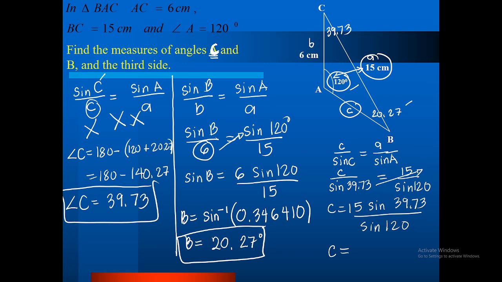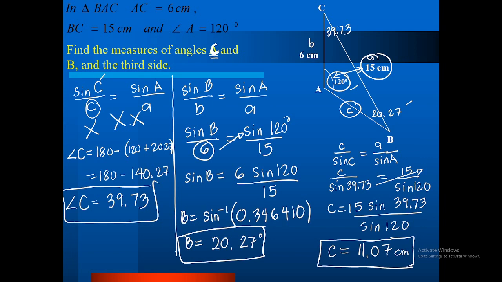How much is your answer? 11.07. I agree with that. Were you able to get 11.07? Yes. And the unit is centimeters again. So, be careful in using our calculator, okay?